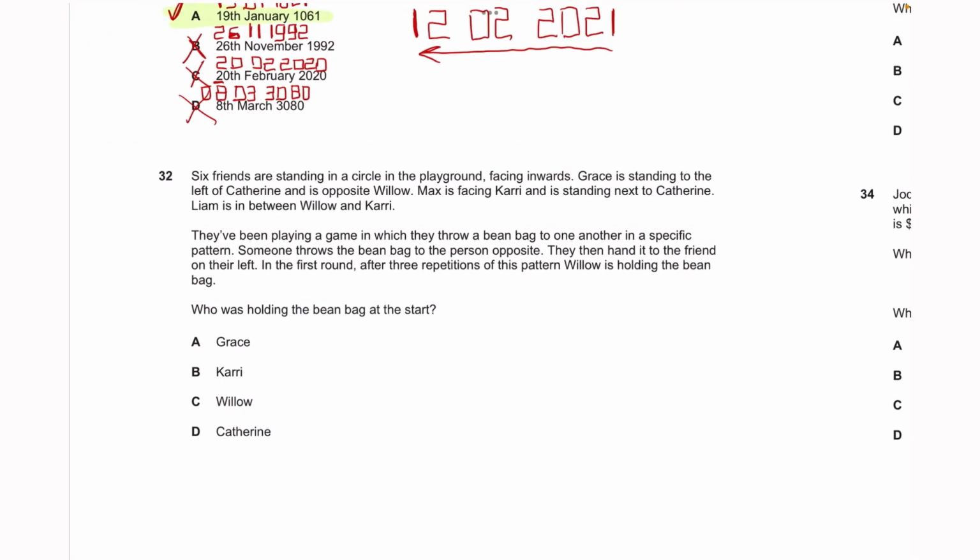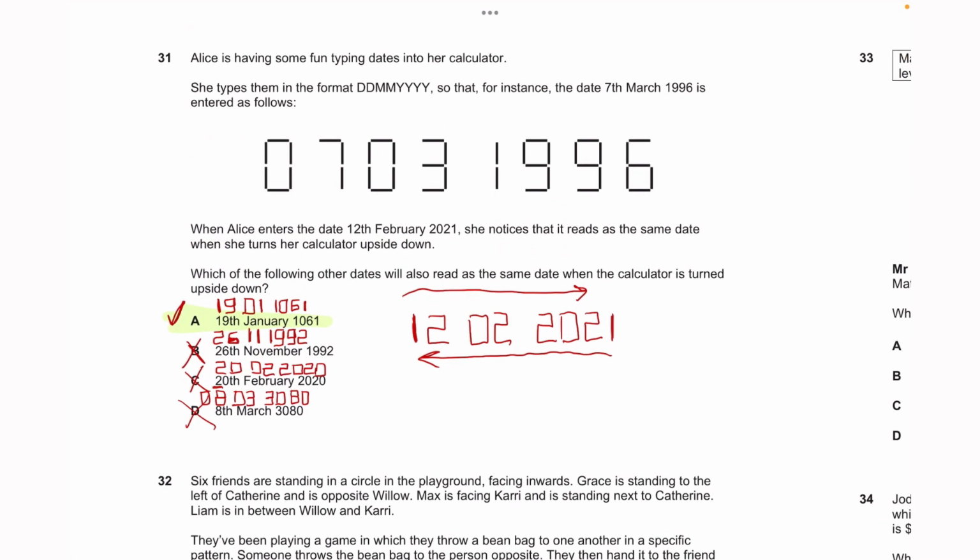Before we move on to question 32, boys and girls, question 31 is an identifying similarity arrangement question. A very similar question to this was question 37 in last year's paper. Both questions involve transformation. This year's paper is about flipping the figure upside down, while question 37 last year is about a series of transformations in a pattern.